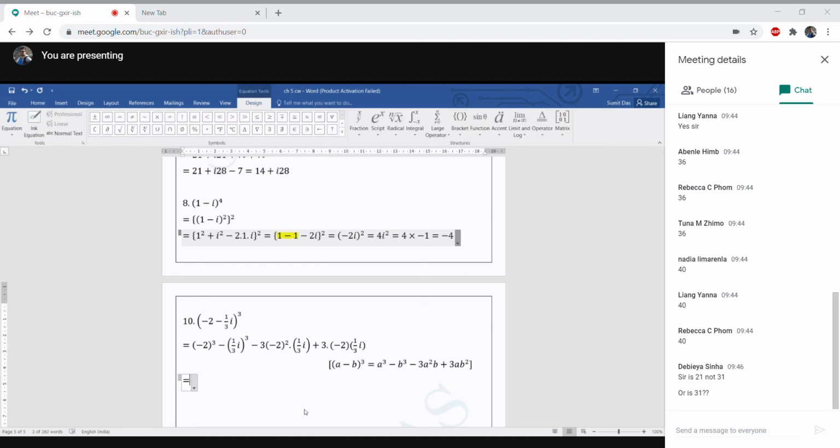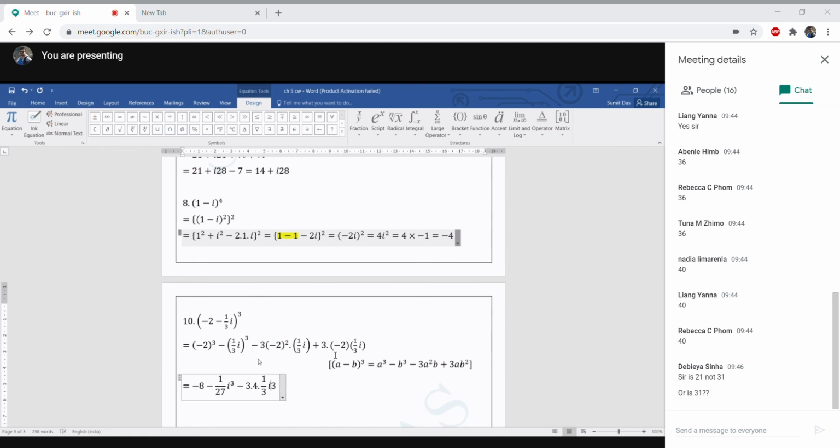So if you simplify this one, minus 2 whole cube will be minus 8, minus 1 to the power 3, this will be minus 1 divided by 3 cube. 3 cube means 27, and i to the power 3. Then minus 3 into minus 2 square is 4 into 1 by 3i. Okay, plus 3 into, it will be minus 3.